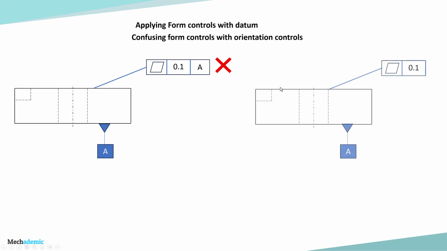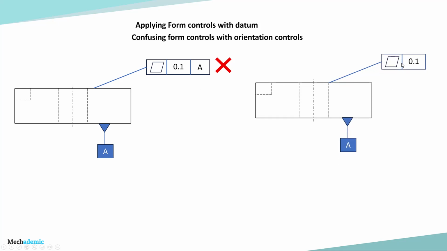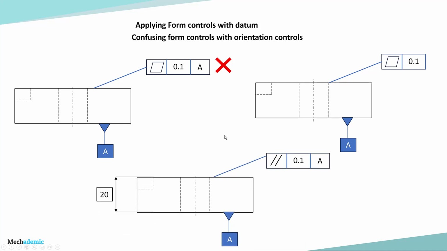So a correct way of showing this is removing that datum and just showing flatness and the value of the geometric tolerance. If you want to control it with respect to another datum, you are basically controlling the parallelism of the surface. So if you are controlling the parallelism, then giving a parallelism control instead of a flatness control is more appropriate.